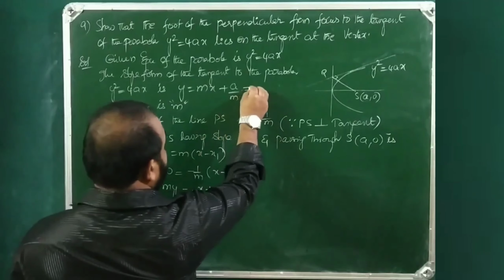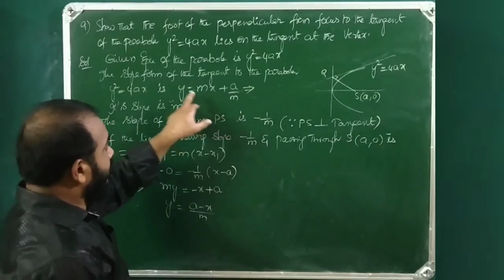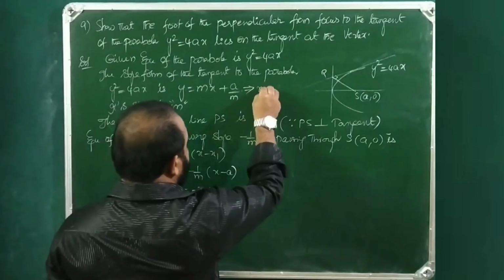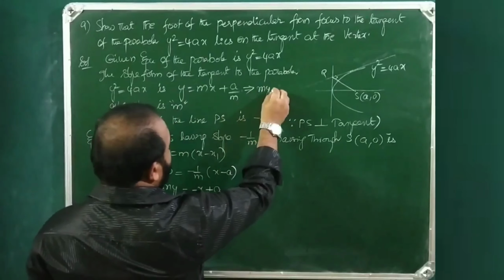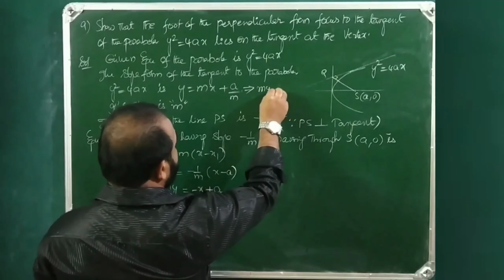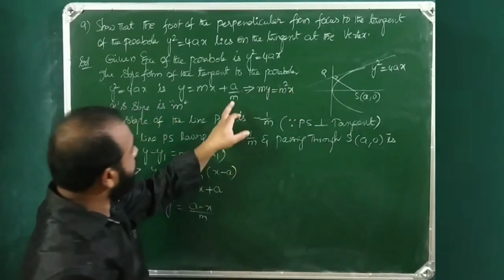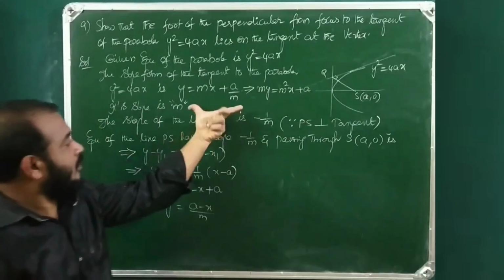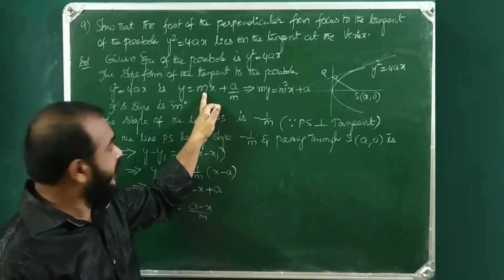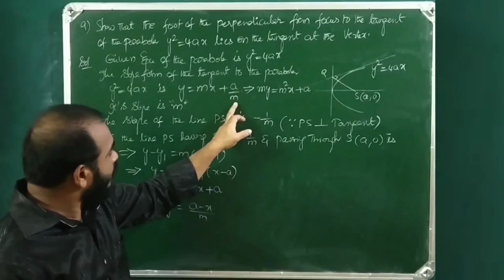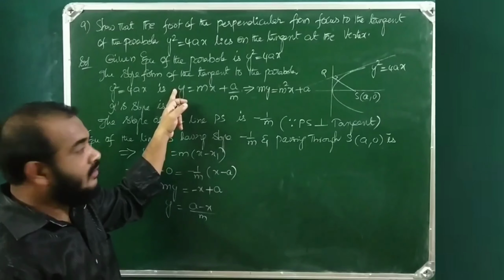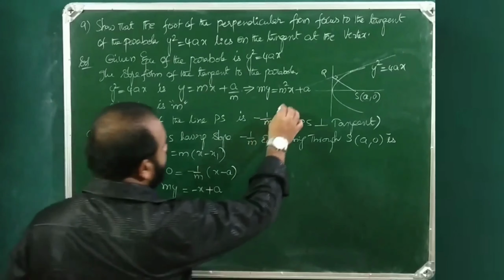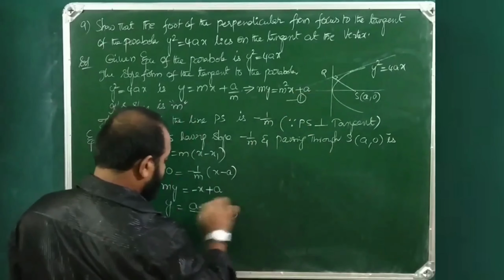So here y is equals to mx plus a by m. Taking LCM here, m into y is equals to m square x plus a. So this m on cross multiplying, we get my equals to m square x plus a. So here this is 1 and this is 2.